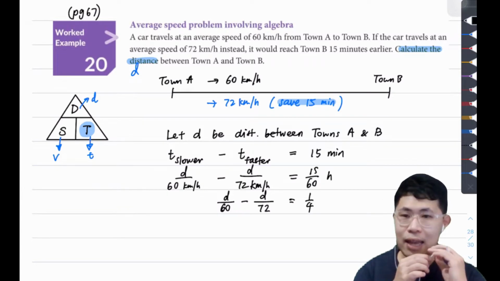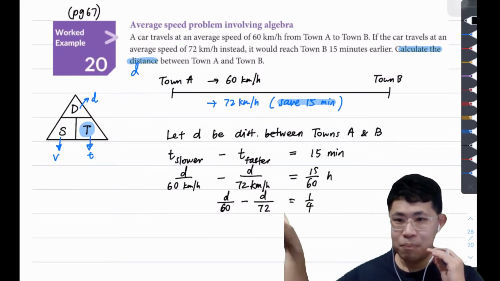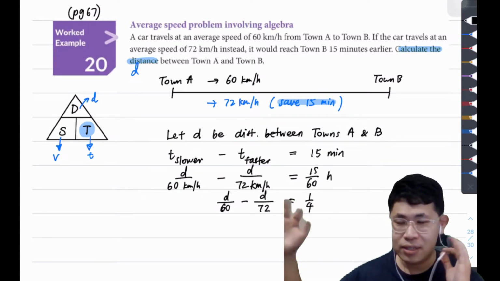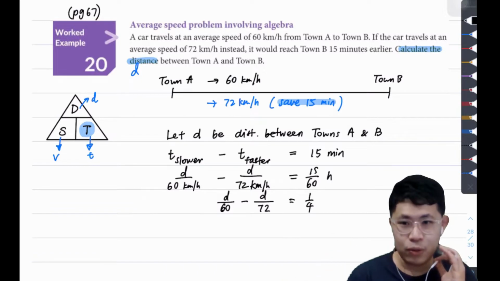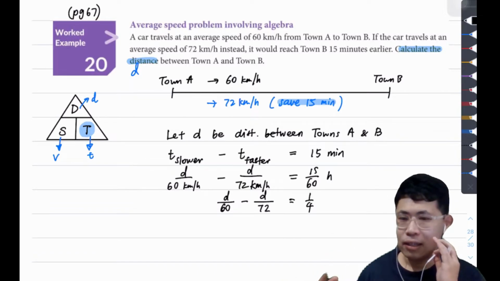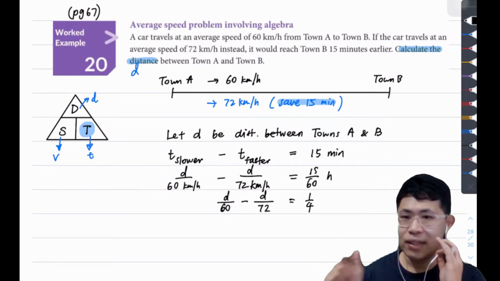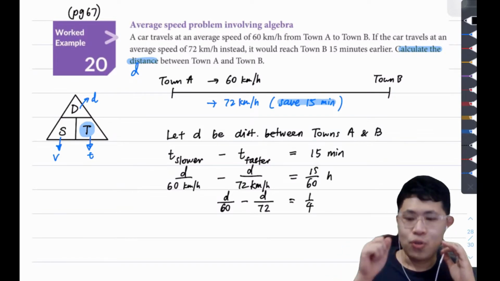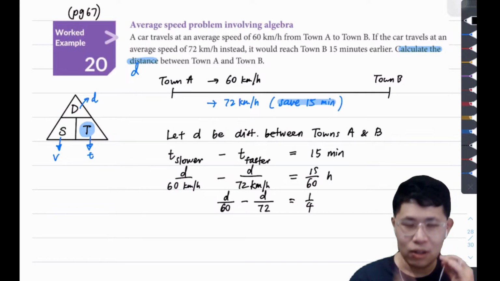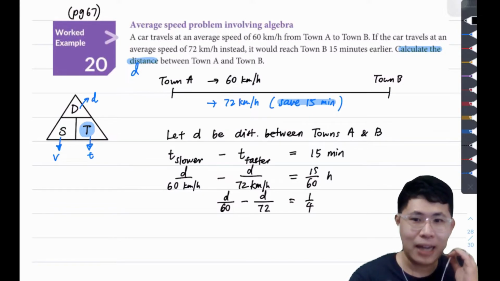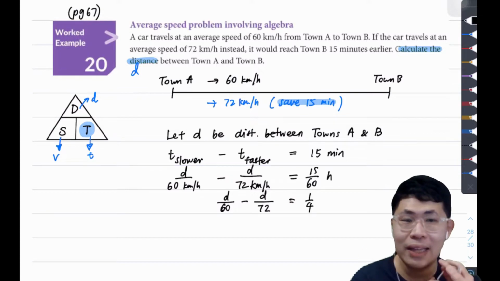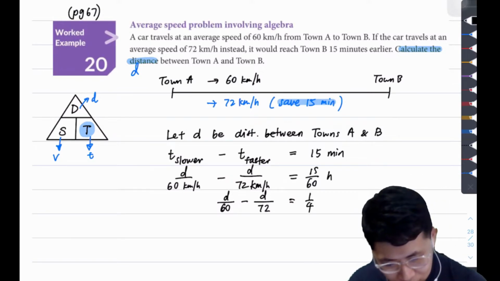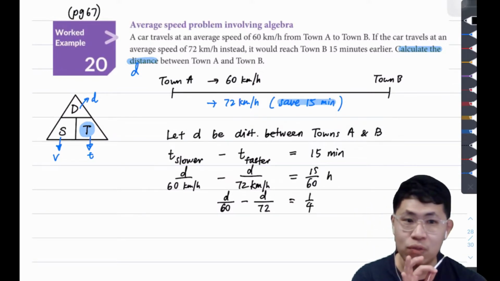The next step is to simplify the d's on the left hand side of the equation. It is 1 over 60 d minus 1 over 72 d. You can key into your calculator 1 over 60 minus 1 over 72 to combine the like terms, and it will give 1 over 360.